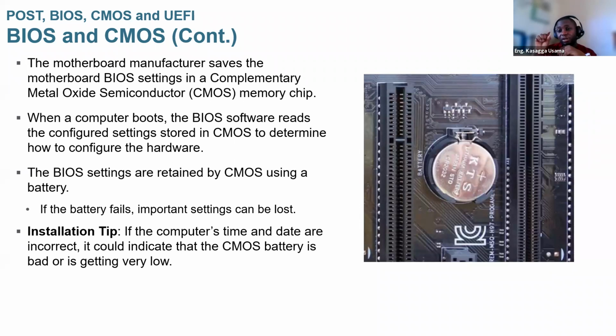But again, that battery is like the battery of our watches. If you remove it, you can simply use your tongue a little bit to generate more energy, or you leave it out, and when you place it back, automatically it works. You may find that whenever the machine is having some few issues, you can remove that CMOS battery and then put it back, and the machine will work.